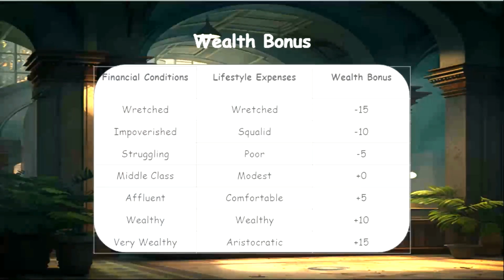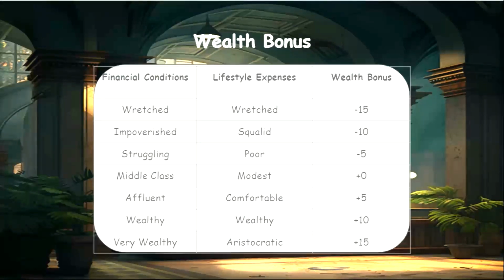So wealth bonuses. This is something that I've implemented just to help balance and mechanically derive the credit rating. Financial conditions versus lifestyle expenses is where I derive the wealth bonus from. So wretched, you would have a minus 15.